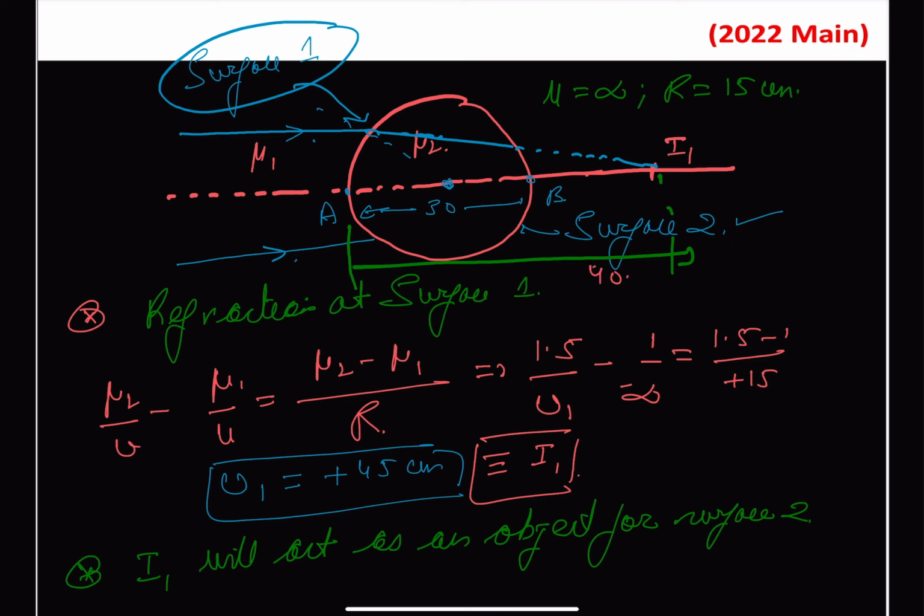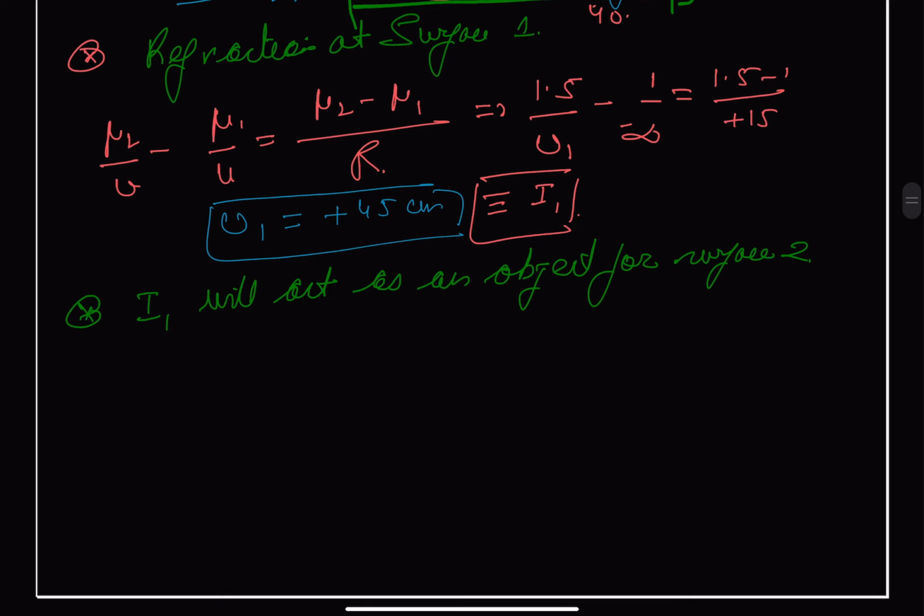And for surface 2 we are only interested in this part, so this 45 minus 30 will be giving us 15. So for surface 2 the I1 will be acting as an object, therefore we can say that our u will be equal to 15, and the radius of curvature will be equal to minus 15.